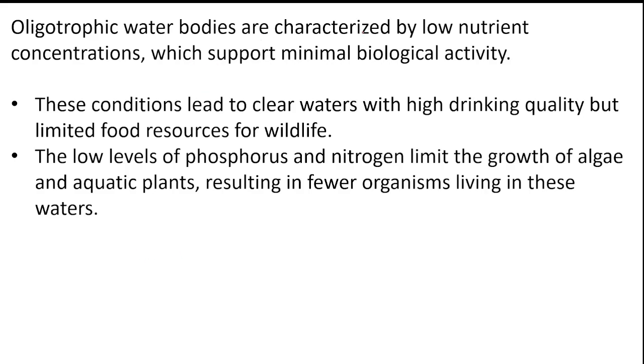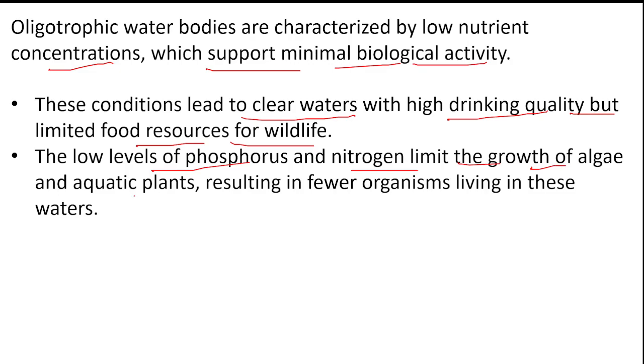Oligotrophic water bodies are characterized by low nutrient concentration, which supports minimal biological activity. These conditions lead to clear waters with high drinking quality but limited food resources for wildlife. The low levels of phosphorus and nitrogen limit the growth of algae and aquatic plants, resulting in fewer organisms living in these waters.